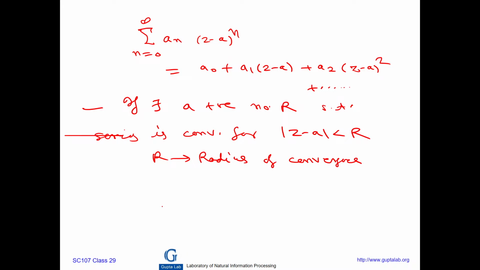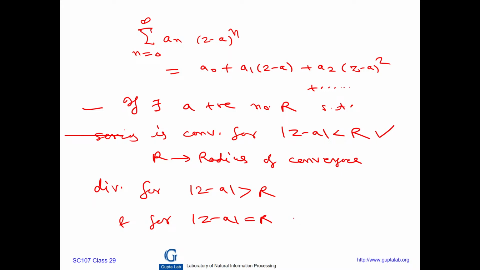So the series is convergent if mod of z minus a is less than r, divergent for mod of z minus a greater than r, and for mod of z minus a equal to r, it may or may not converge.